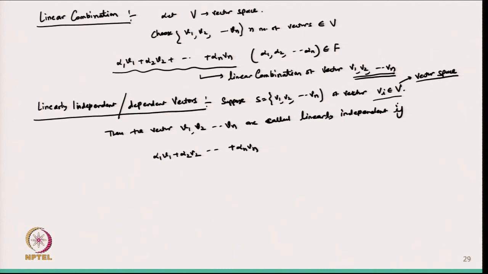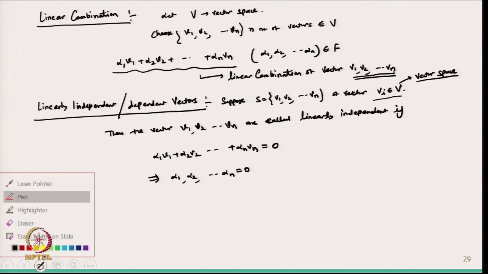This is well defined in this case, because it is a vector space. And since it is a vector space, the 0 element will definitely be there, so I am putting this equal to 0. If I take this linear combination equal to 0, then these vectors V1, V2 up to Vn are called linearly independent if this being equal to 0 implies alpha 1, alpha 2, alpha n are all 0.